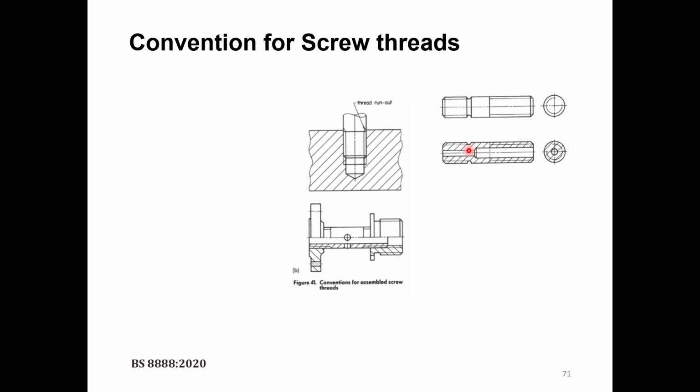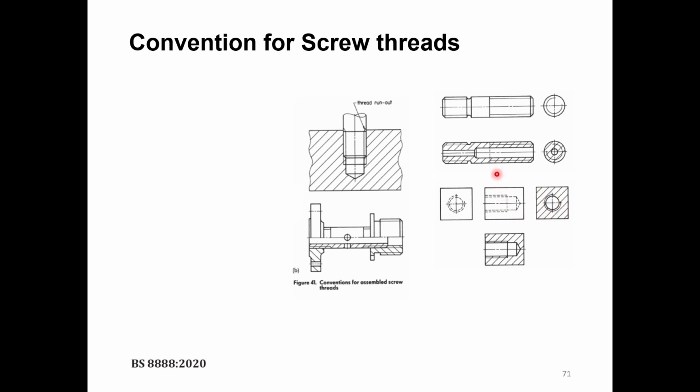Again, when you use hatching here, the hatching always stops at the thicker line, which for external thread is the external line, and for internal thread is the internal line. You see here, because this is internal thread, how it is shown. The solid circle is the smaller one, and the 3/4 thin circle is the outside one.